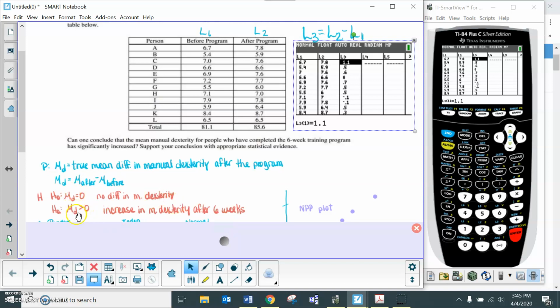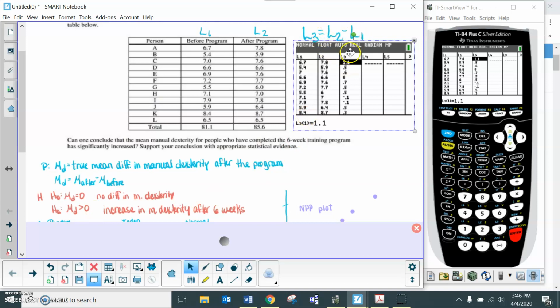In step H, when you write your null hypothesis, the null hypothesis is nearly always that the mean difference is 0, that there's no difference before and after. But the alternative, that we want to see an increase in manual dexterity, is that the true mean difference is greater than 0.